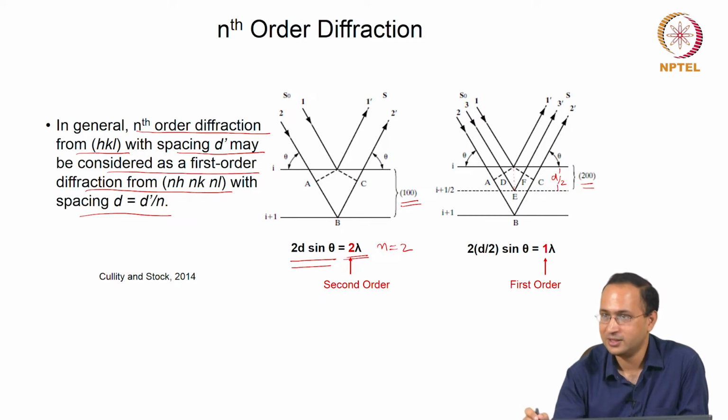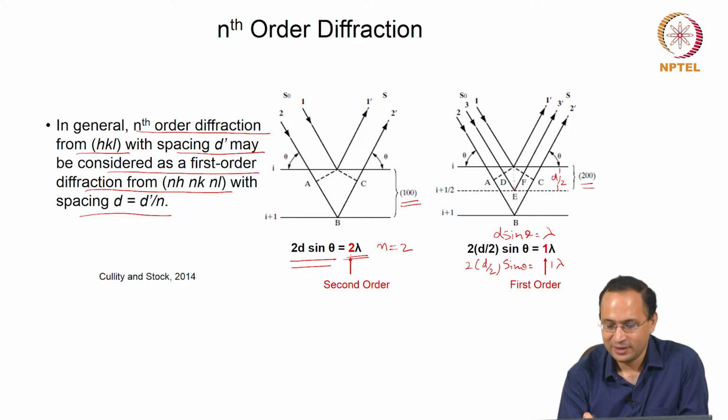If this is d by 2, that is how you got this plane 2 0 0. So now 2d by 2 sin theta equals 1 lambda, right. So see, overall what you are saying here, d sin theta equals lambda, right, same thing here, d sin theta equals lambda.